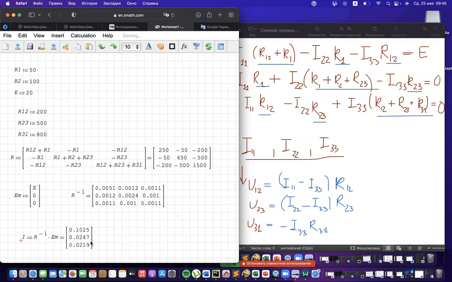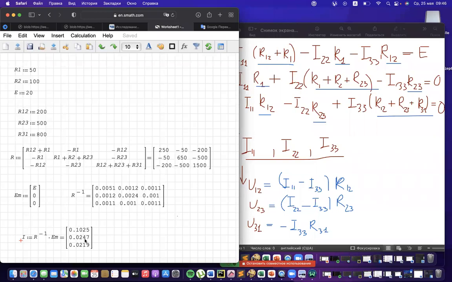Yeah, here it is, the value of current that we are searching for. Why is it so? What we did: we have the matrix of currents multiplying the matrix of resistors, and obtaining the matrix of electromotive force.